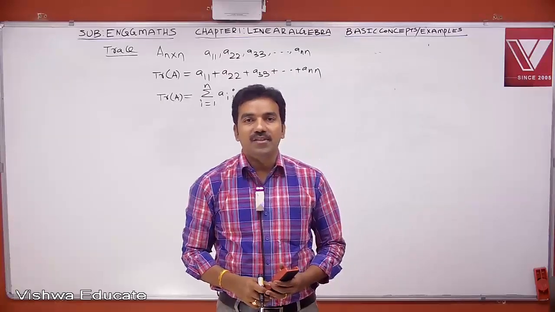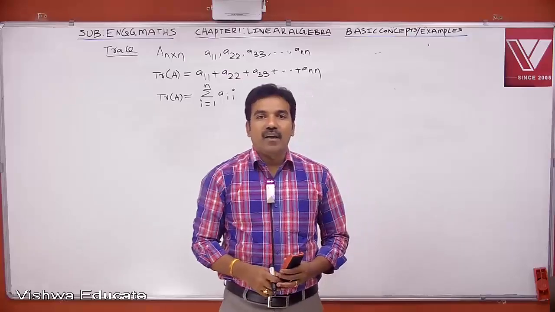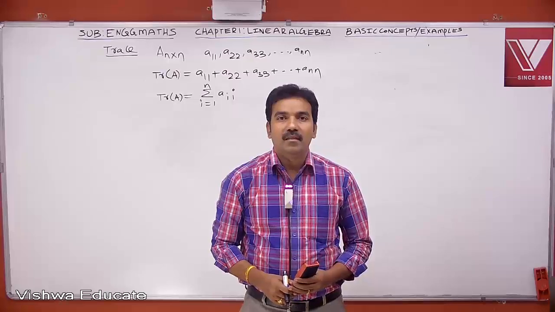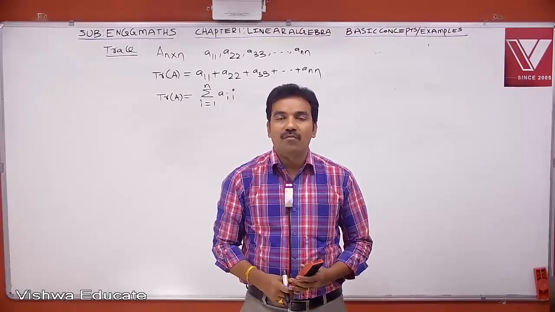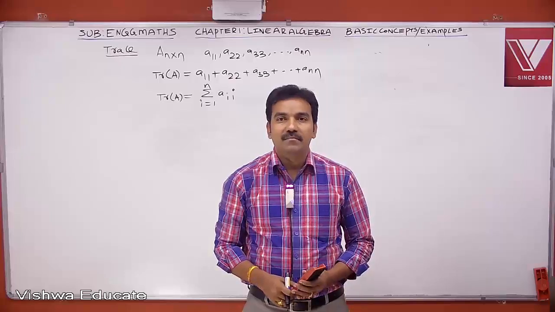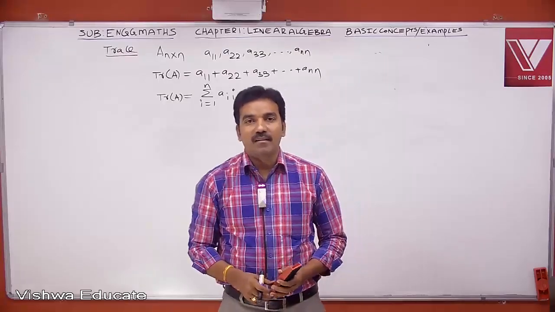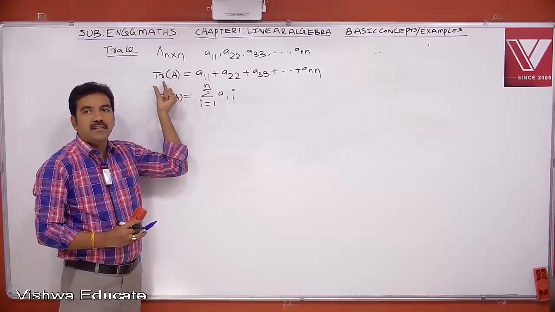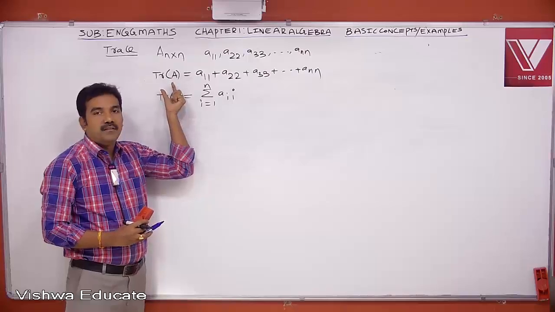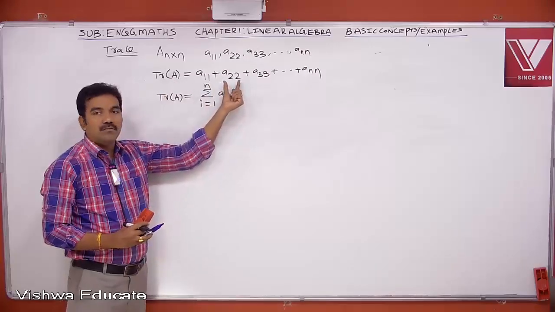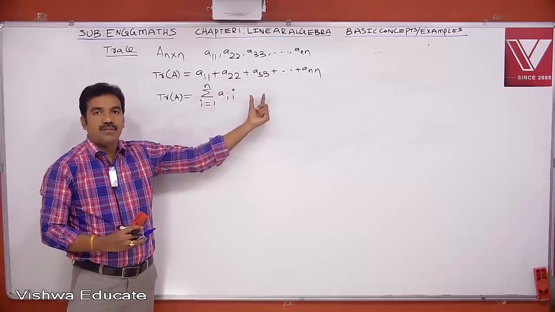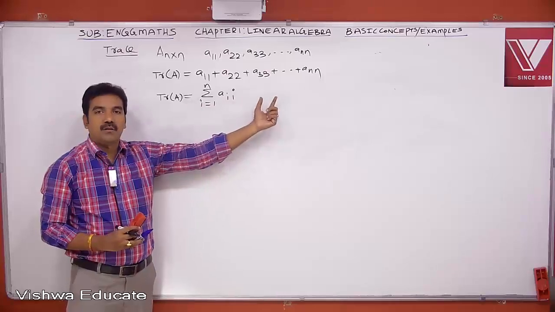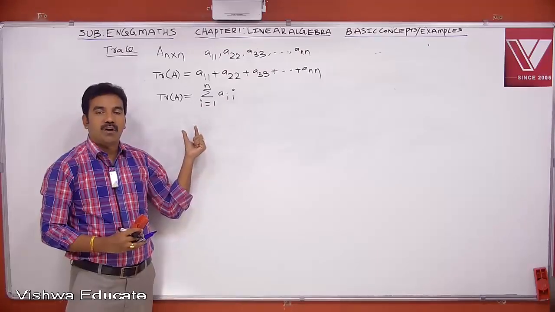The trace of A is defined as the sum of diagonal elements of A. It is denoted by tr of A. Therefore, tr of A equals A11 plus A22 plus and so on plus A_nn, which is equal to sigma i equal to 1 to n A_ii.